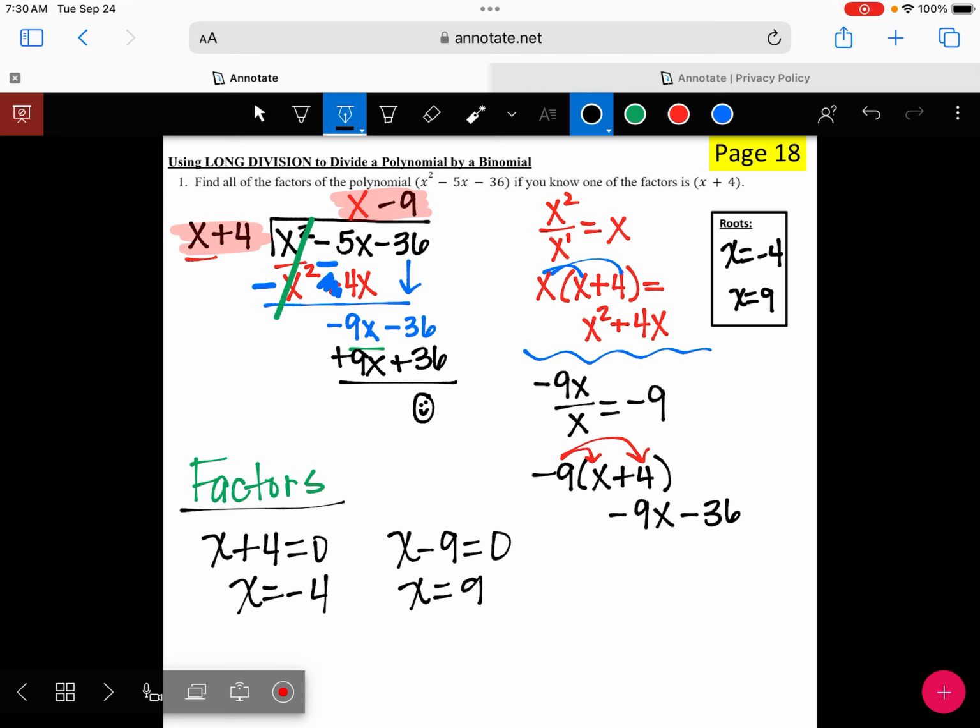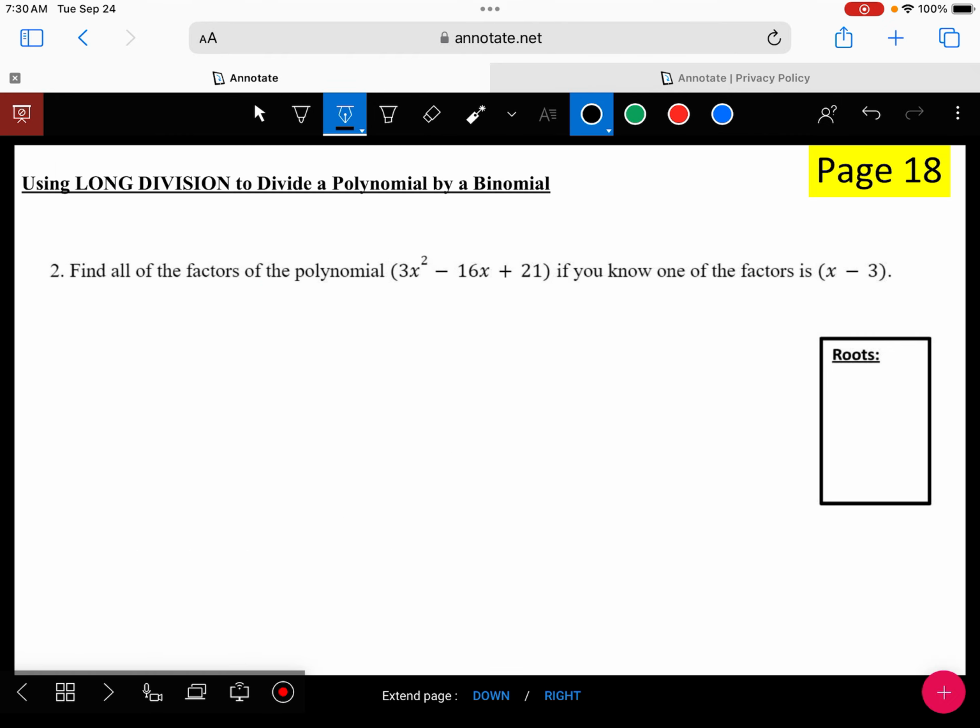All right, any questions about the first one? All right, let's do another one. So let's set it up. X minus 3 goes on the outside. And then that long one goes on the inside.